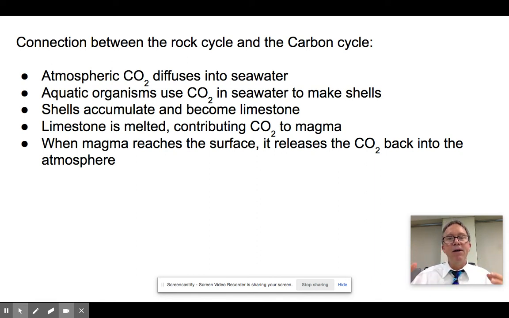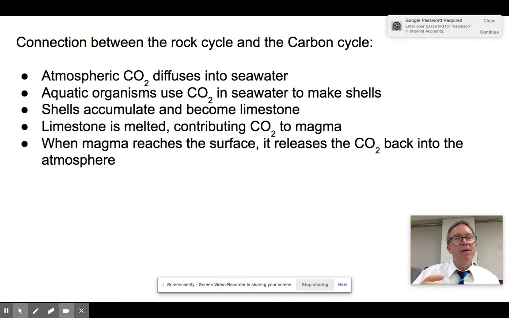Okay, now when these organisms die, the shells that they made fall to the bottom of the ocean, and under pressure, they basically become compacted and cemented down. They become limestone. Well, now through the action of plate tectonics, the limestone on the seafloor will eventually get subducted. And when that limestone melts, that calcium carbonate, which has carbon and oxygen in it, will end up melting and going back into this magma.